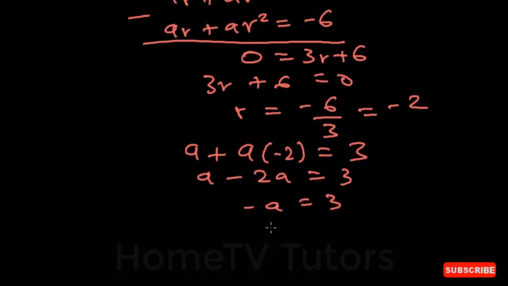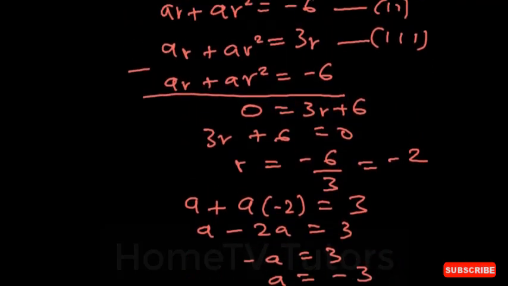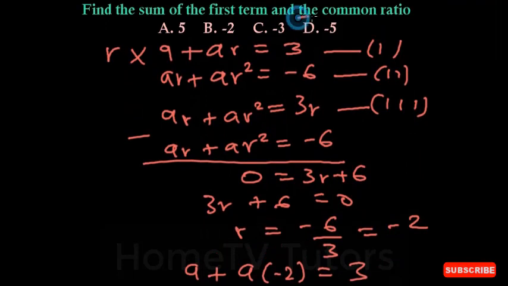When we divide both sides by minus 1, we have A equals minus 3. So the first term A plus the common ratio, which is minus 2, will now give us minus 3 minus 2, which is minus 5. So the answer option D is the right answer.